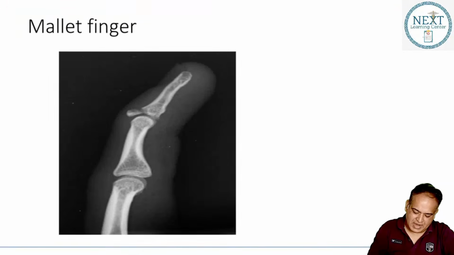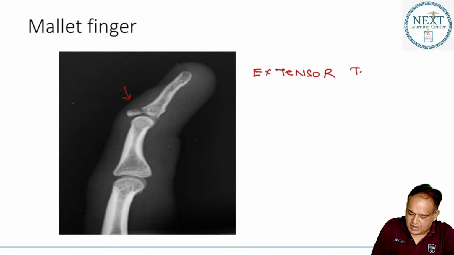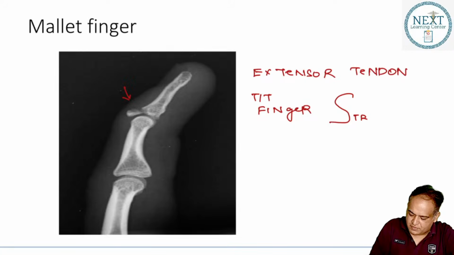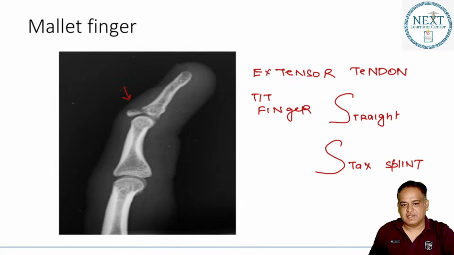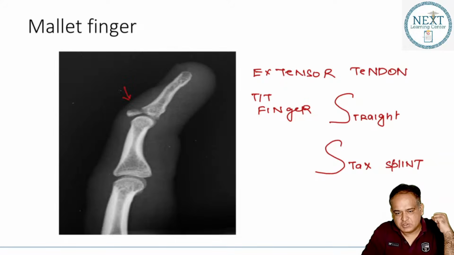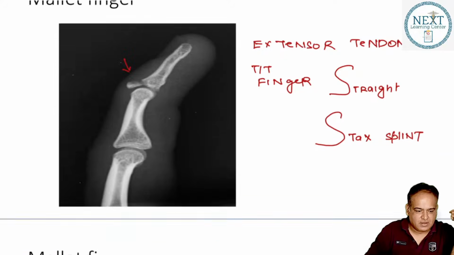Right? Mallet finger, as you can see, is rupture of the extensor tendon. Treatment is we keep the finger straight. That is why we use Stack splint. Stack splint is the name.